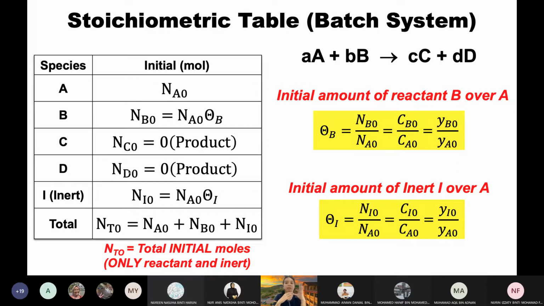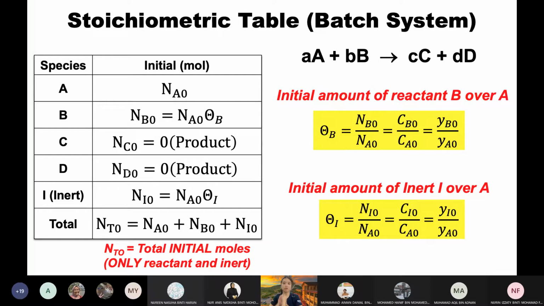Okay, before I forget, kita pergi batch dulu. Sorry, I skip a little bit. Kita start dengan batch kan? Segala nilai dalam table batch kita ni adalah berdasarkan bilangan mol N, or in particular NA0 dan juga conversion X.